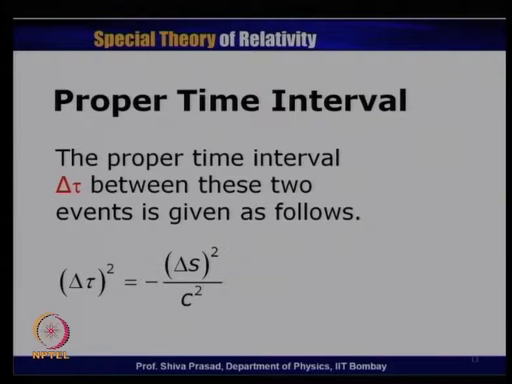Now, let us define a quantity which we have already defined, but talk in a little more general fashion. I define a proper time interval between these two events. Earlier, if you remember, we had discussed in some of our earlier lectures that for defining a proper time interval, you must find a frame of reference in which these two events occur exactly at the same position. If they occur at the same position, then the time difference measured between these two events in that frame of reference will be a proper time interval.